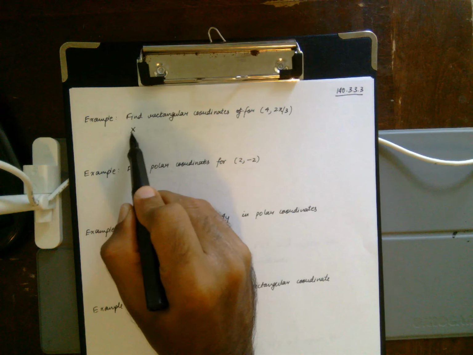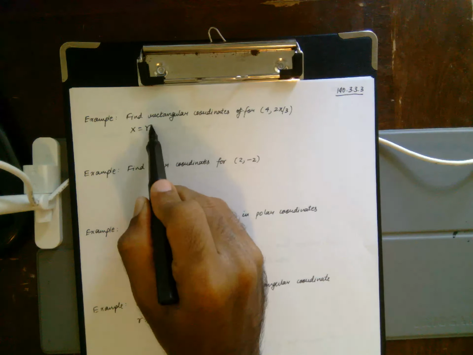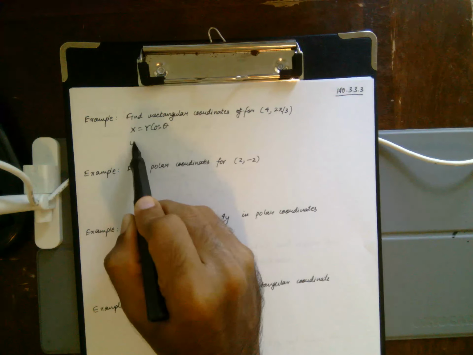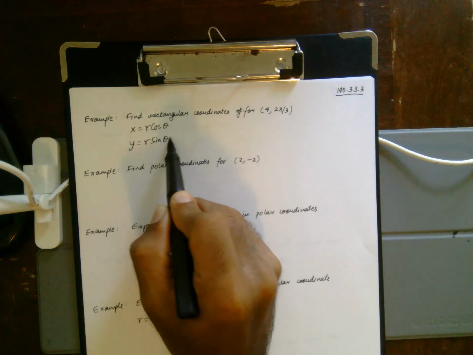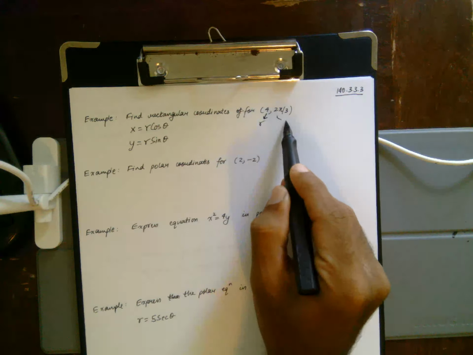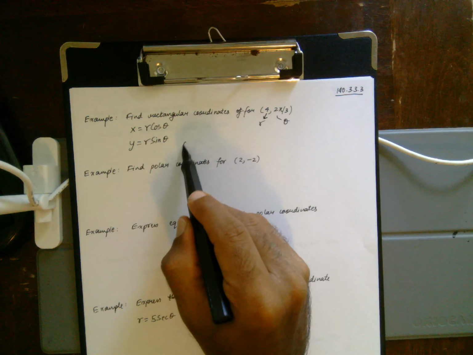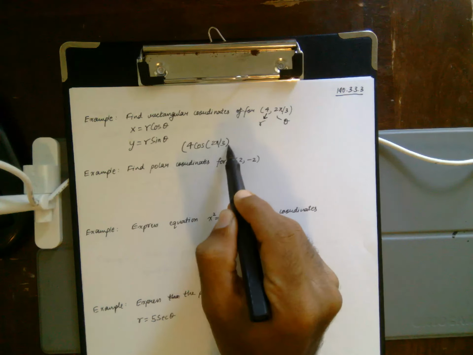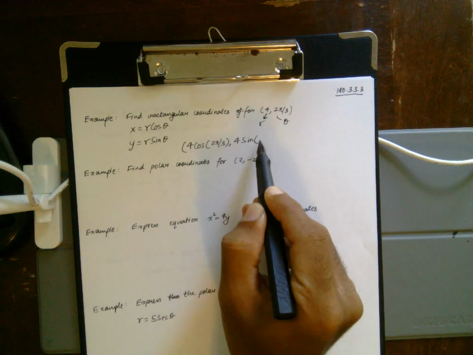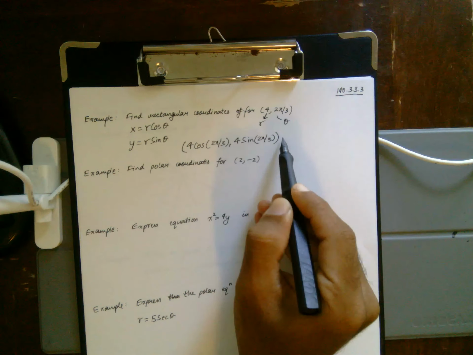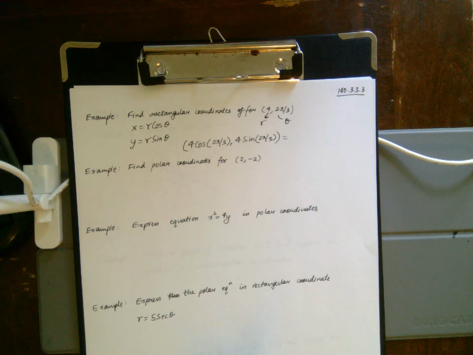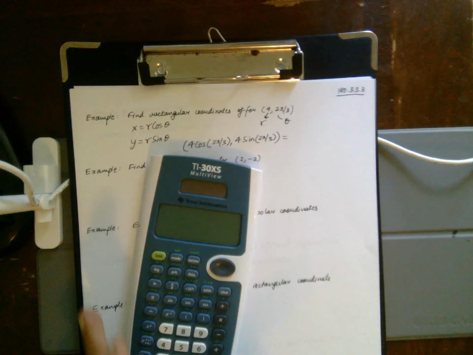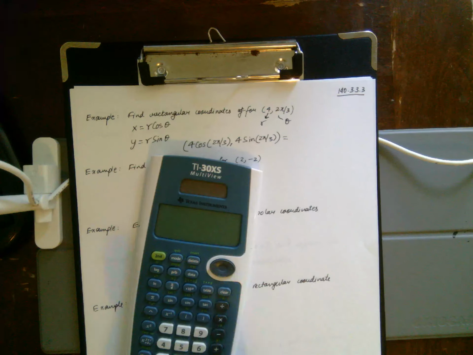So x is r cosine theta and y is r sine theta. r is 4 and theta is 2 pi over 3. So it's 4 cosine 2 pi over 3 and 4 sine 2 pi over 3. Let's plug that into the calculator, making sure that it's in radians.